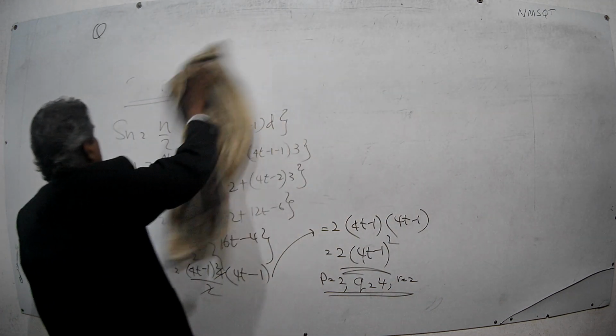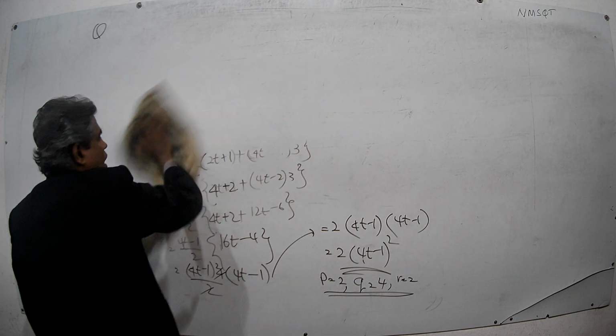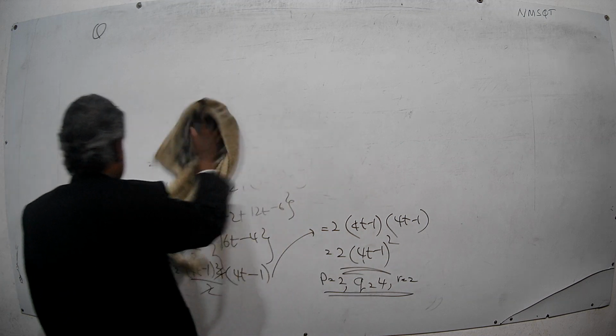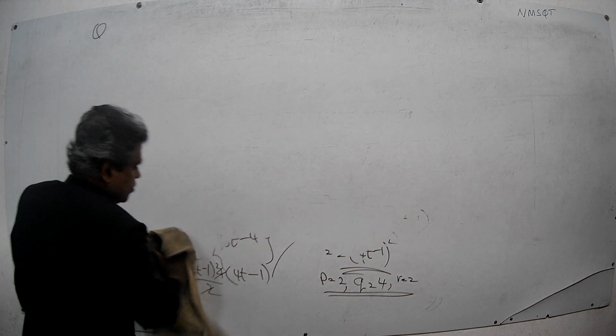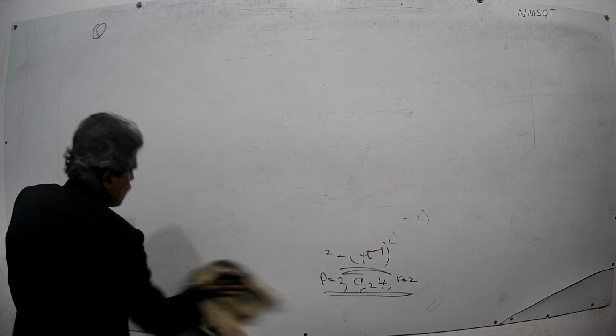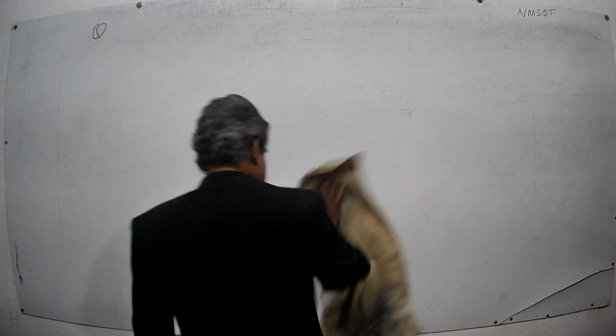I will erase this because I have enough space to do the next sum on the board. Again and again, watch the video and understand how those steps are performed, and accordingly.